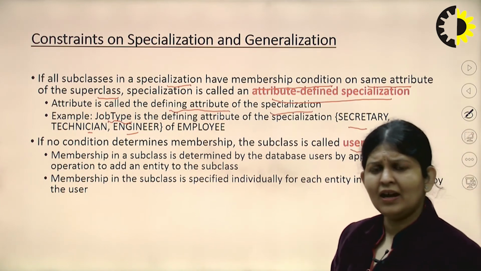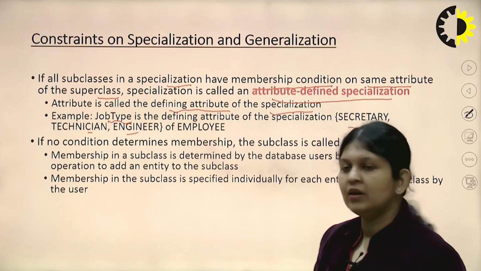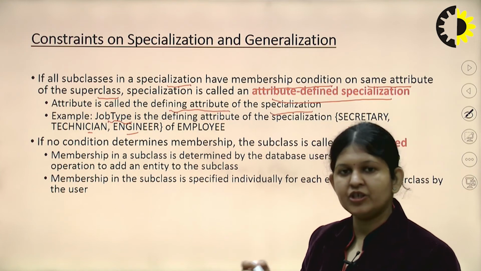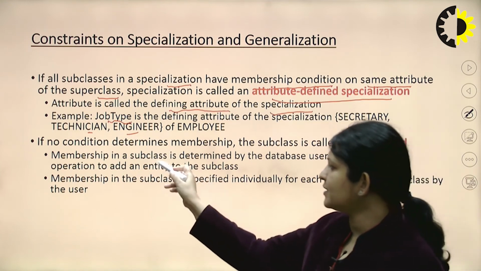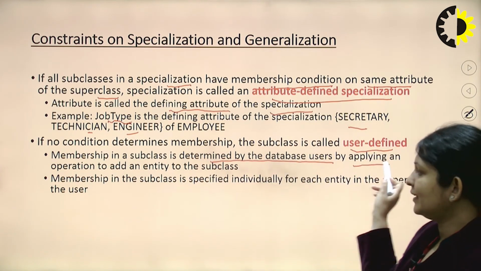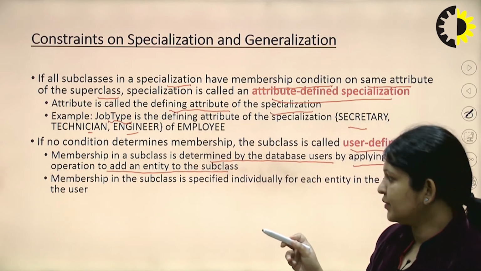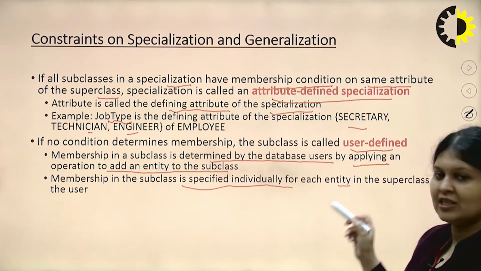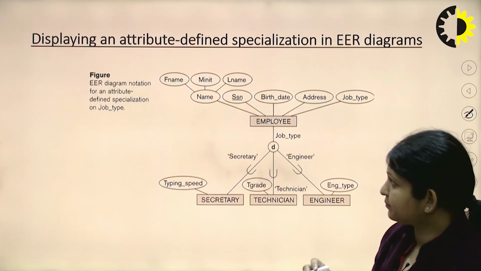That is, I need to define certain subclasses, but there is no single attribute differentiating them. Membership in a subclass is determined by the database users by applying an operation to add an entity to the subclass, specified individually for each entity in the superclass.